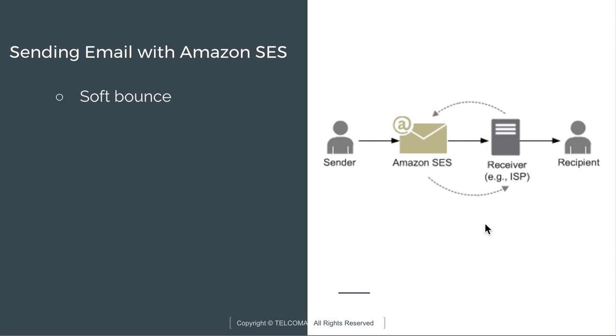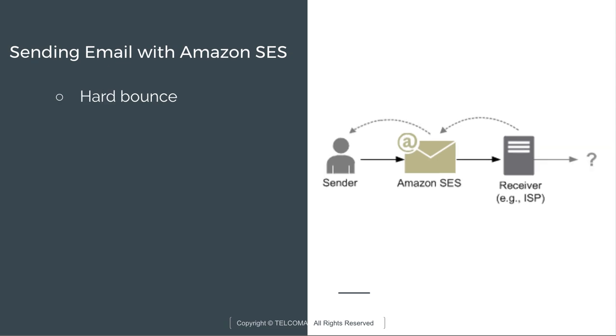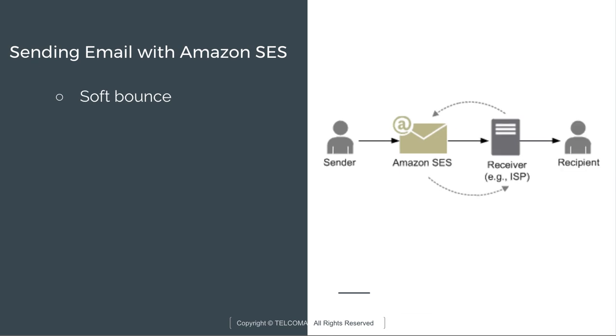So we call it a soft bounce. Basically, there is a difference between the two. Hard bounce is when the ISP sends back to SES and SES back to the sender. Whereas in a soft bounce, from sender to SES, the ISP returns back to Amazon SES.